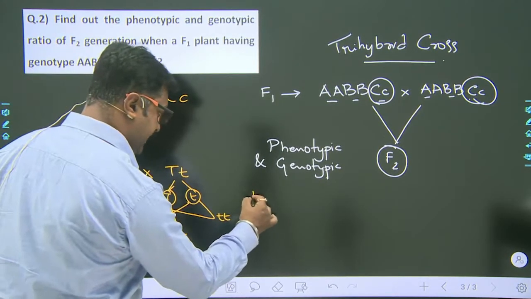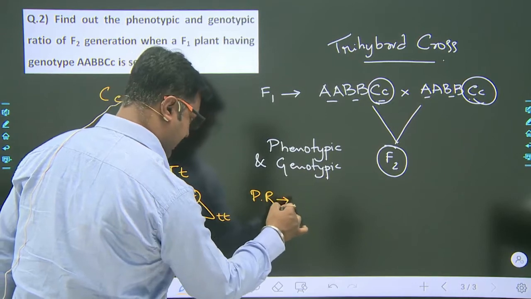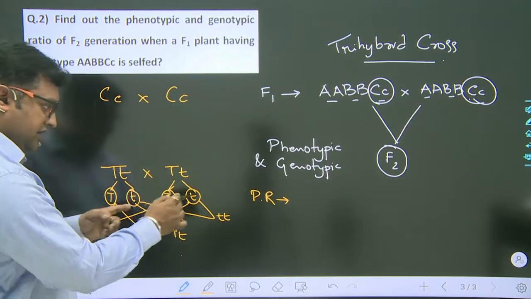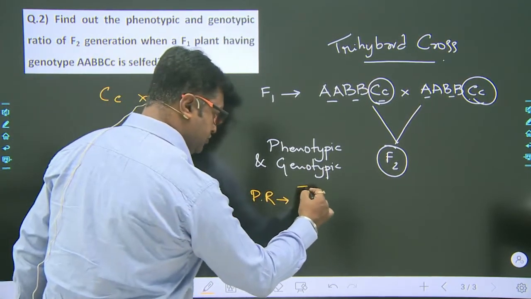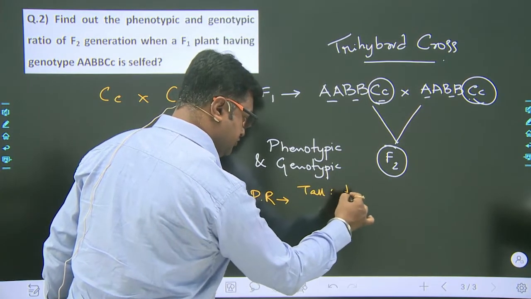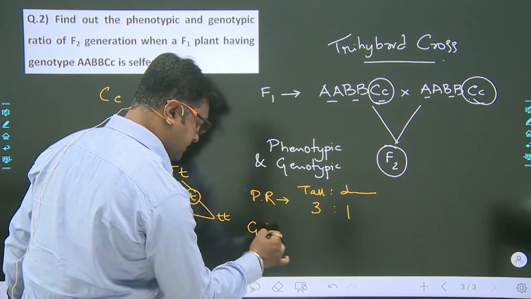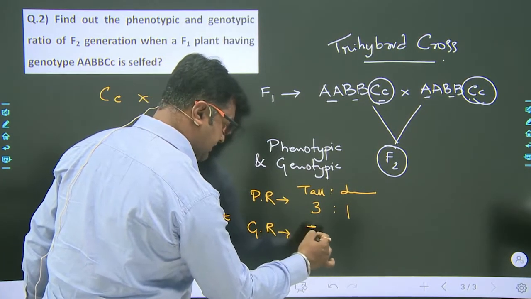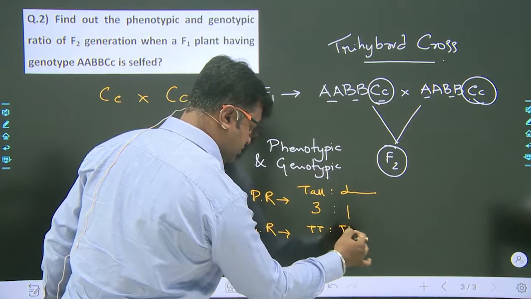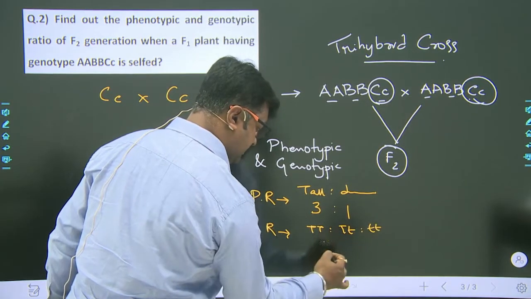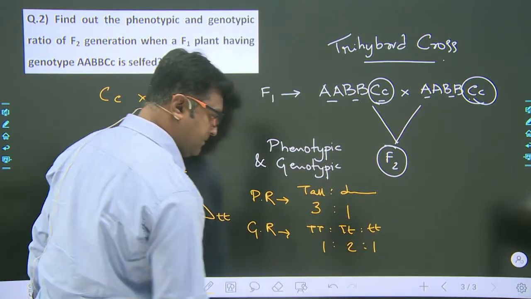Clear? So phenotypically, it was tall to dwarf in the ratio 3:1, and the genotypic ratio was capital T capital T to capital T small t to small t small t, in the ratio 1:2:1.